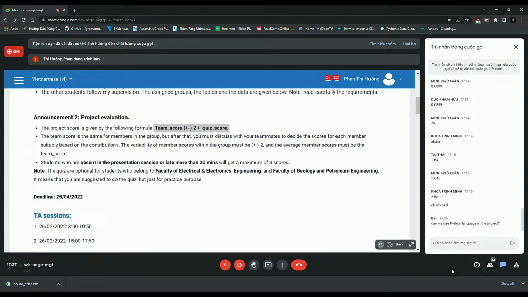As I told you, you are not allowed to use any other language, only R or RStudio. The language is R, but you can use R to code, or you can use RStudio to work. Actually, R and RStudio use the same language.